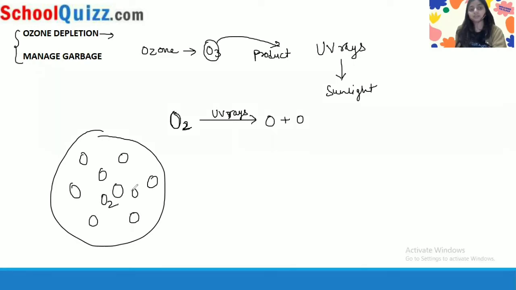These oxygen molecules react with the free oxygen and form the ozone. That's how the ozone is formed.